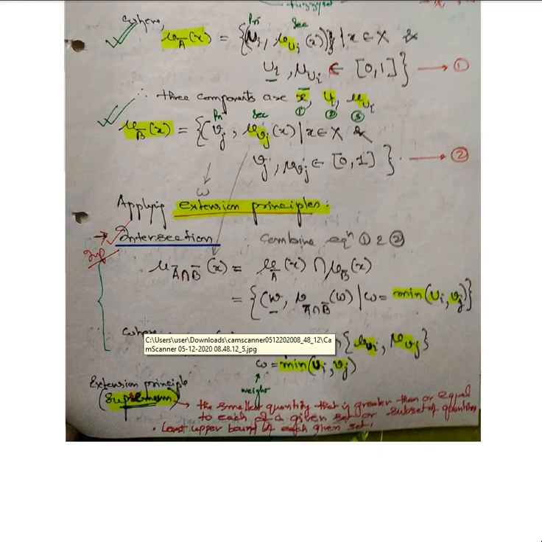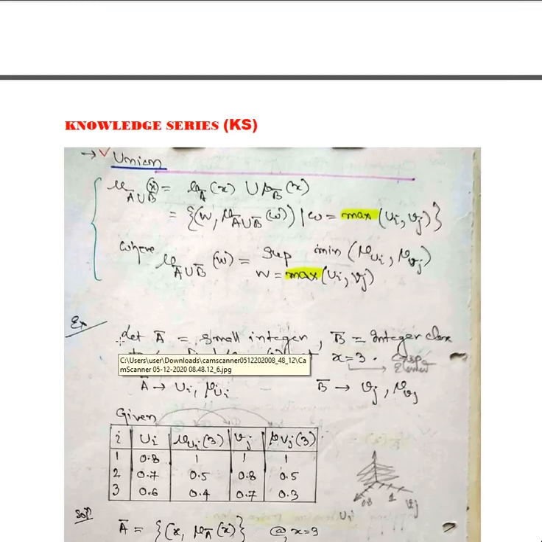These both are functions. Now if you look at the maximum side, that is the union, mu A union B of X in the type 2 fuzzy set, mu A of X union mu B of X, that is equal to W comma mu A union B of W, and W is equal to the maximum of Ui comma Vj.